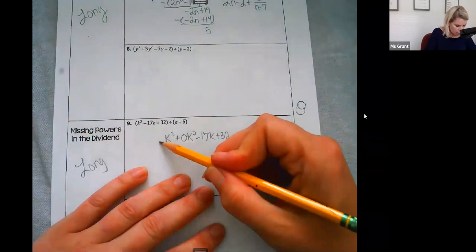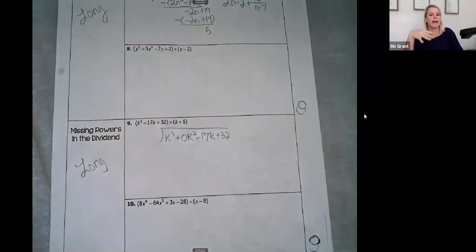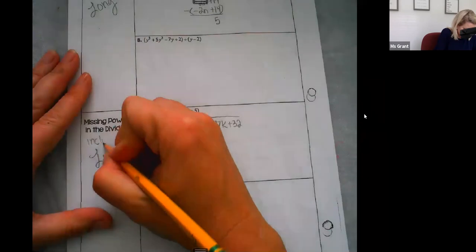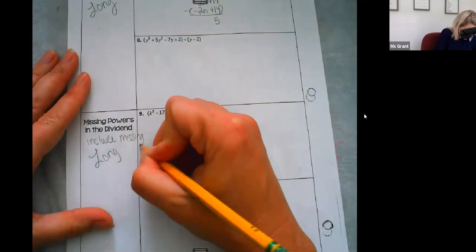The 0 is because I need to have all of my k's included: k to the third, k squared, k to the 1. So you need to include the missing exponent.